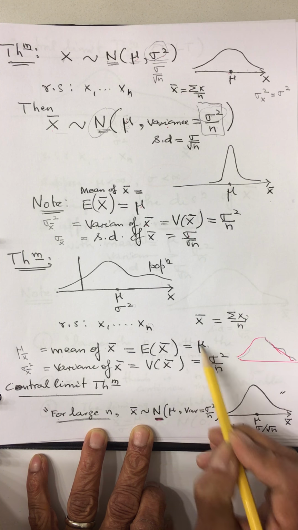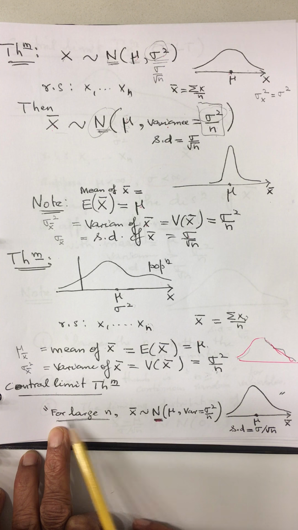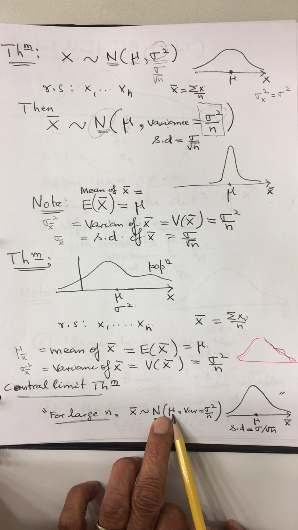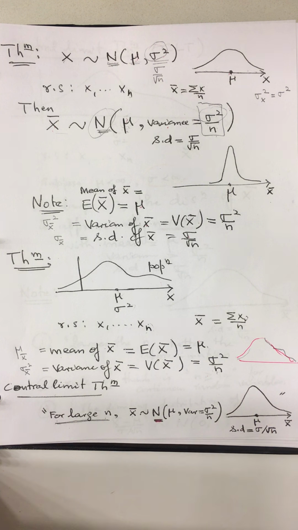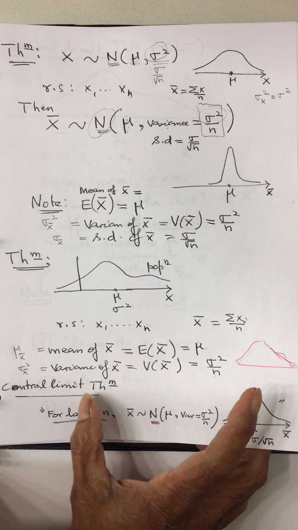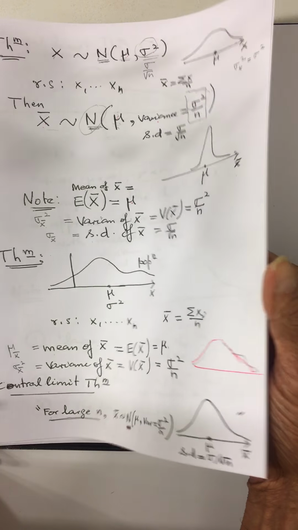So regardless of that, for large n, this will follow a normal curve with the mean mu and the variance sigma square. The standard deviation is the square root of that. This is very important because we did not say anything about that. So this is the next theorem.